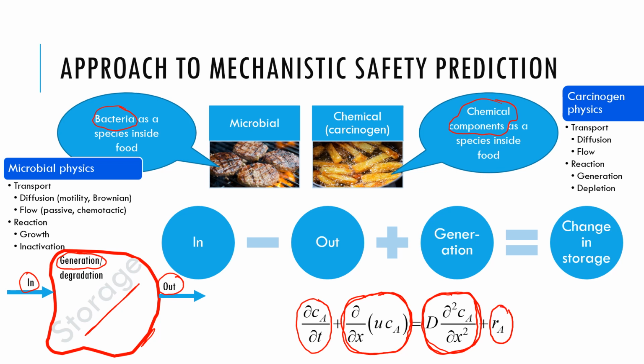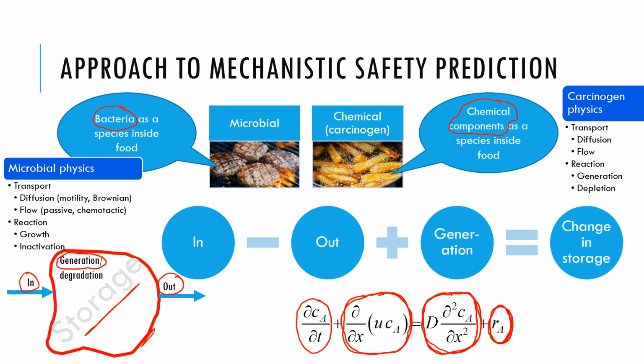The generation term for the bacteria can simply be the growth of the bacteria, or it can be a negative generation term. For example, it can be due to inactivation of the bacteria. And these generation or growth of the bacteria, inactivation, they're the subject of microbial kinetics.